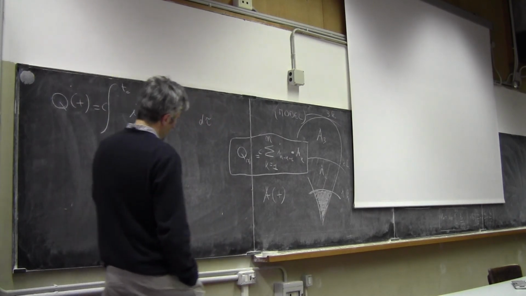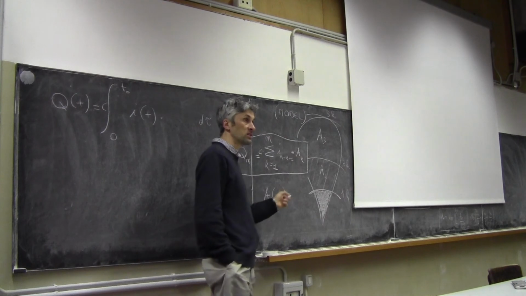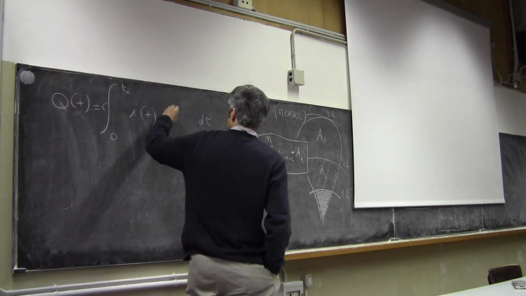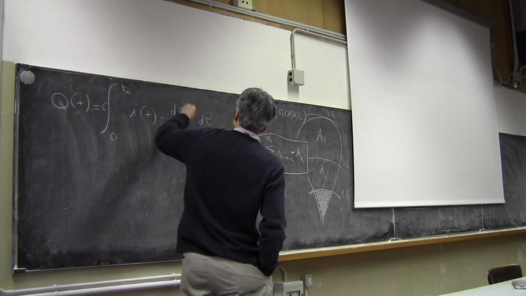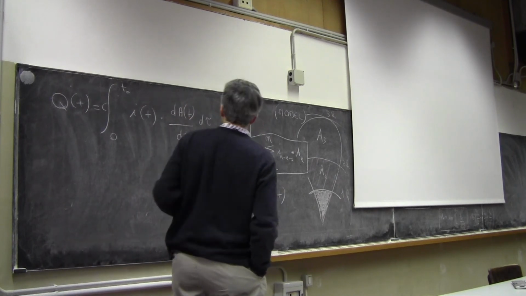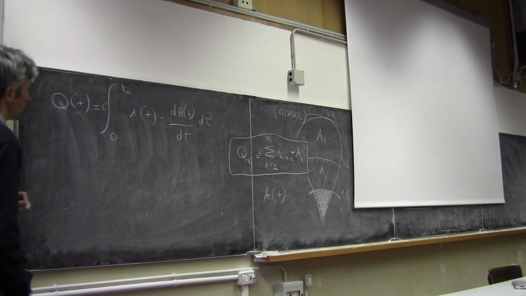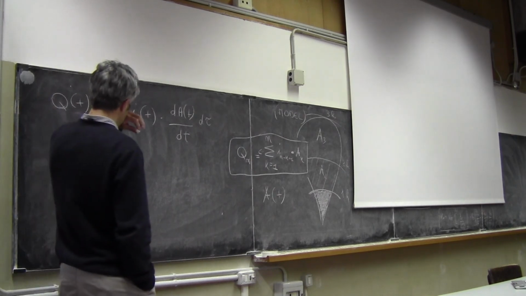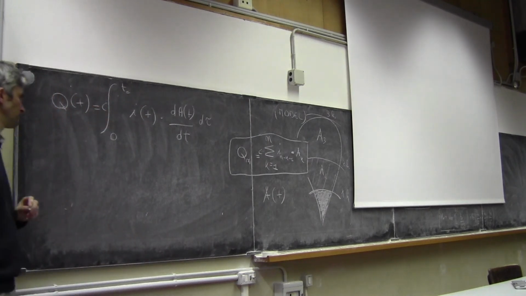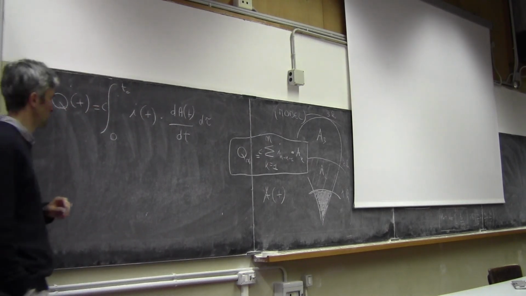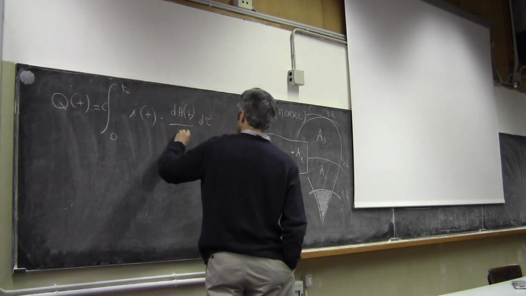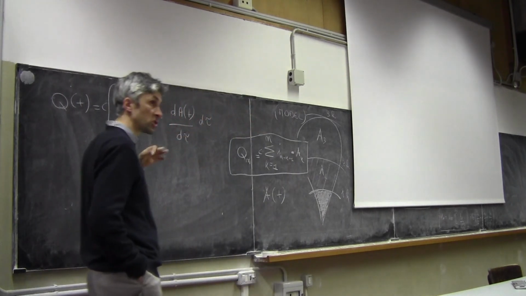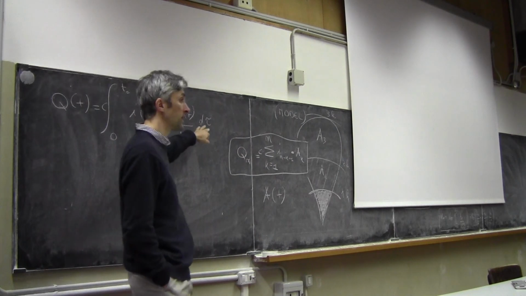Now, if AK is the change in contributing area, here I should write the dAT over dT. This is the change in contributing area. In the d tau, sorry. The d tau, because this change in contributing area is computed at time tau.